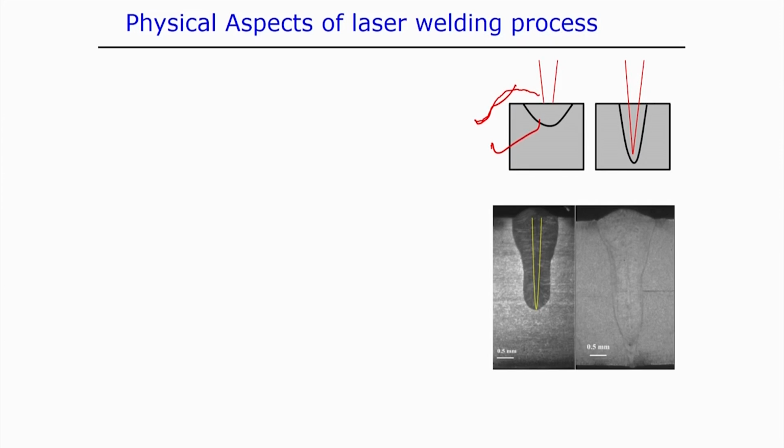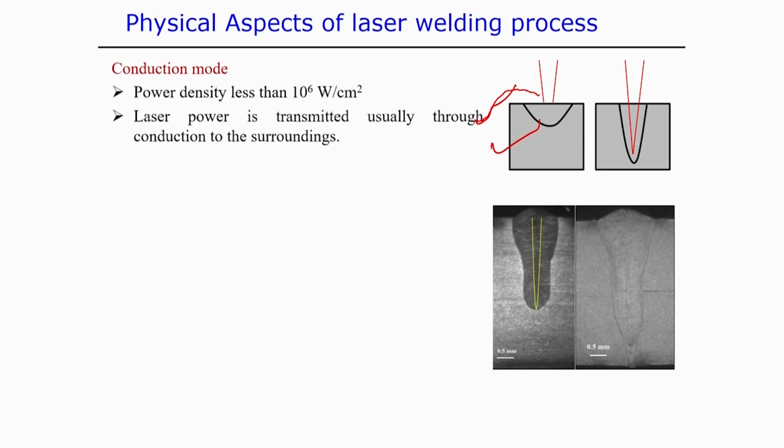In this case, the shape of the molten pool is a little shallow, not much penetration. On the other side, we can define the keyhole mode laser welding process. But before that, we may look into the typical aspects of the conduction mode laser welding process.